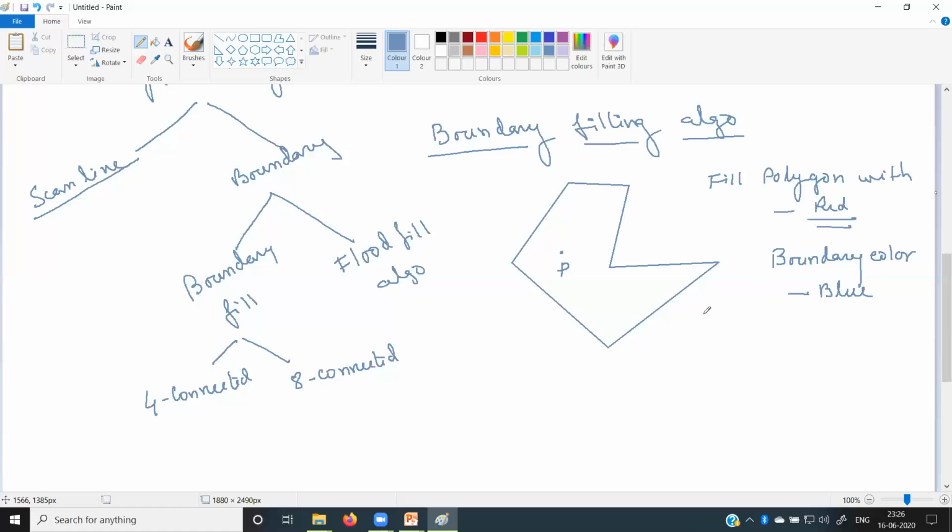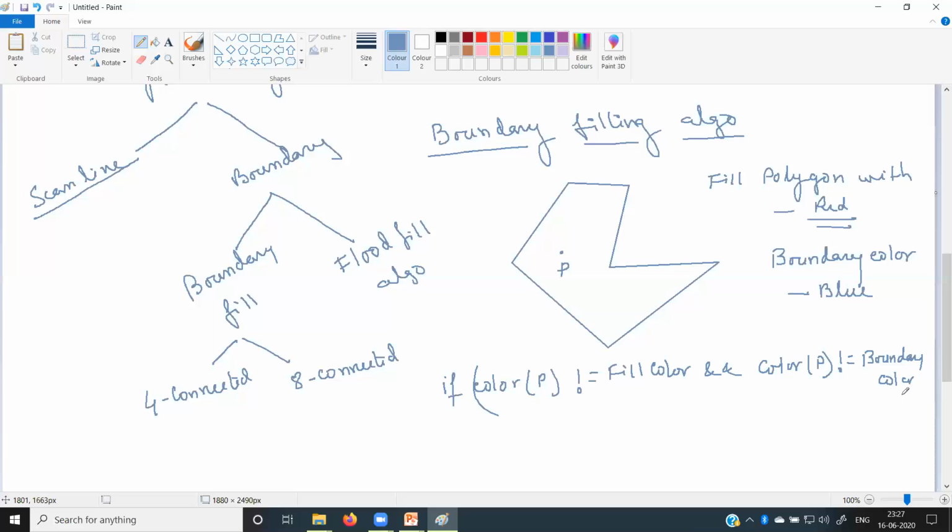If these two conditions are not satisfied, we can write it like this: if color of point P is not equal to fill color, and color of P is not equal to boundary color.